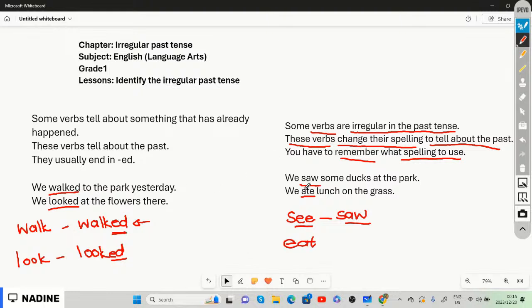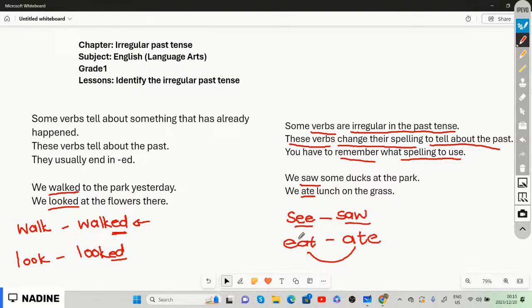So the past tense of eat is ate. And can you see how the spelling of these two words has changed? We didn't just add an ed, we didn't just add a d, right? The spelling of that word specifically changed.